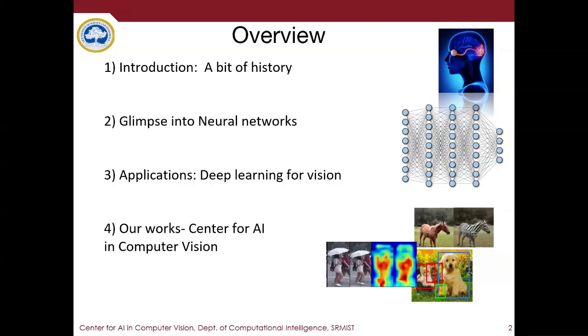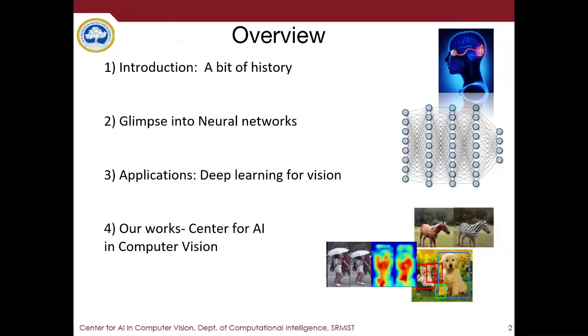Okay, so this is an overview of my presentation. I give an introduction and a bit of history: what is vision and how it evolved over time. Then I will give an introduction to neural networks, what deep learning is, and how we can use deep learning for vision applications. And various applications: which are the different computer vision tasks that you can go for by using these kinds of deep learning algorithms.